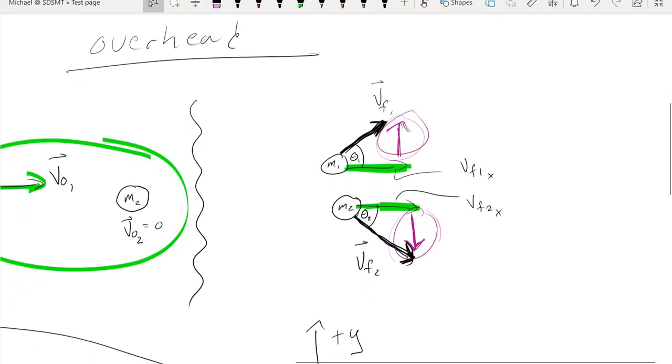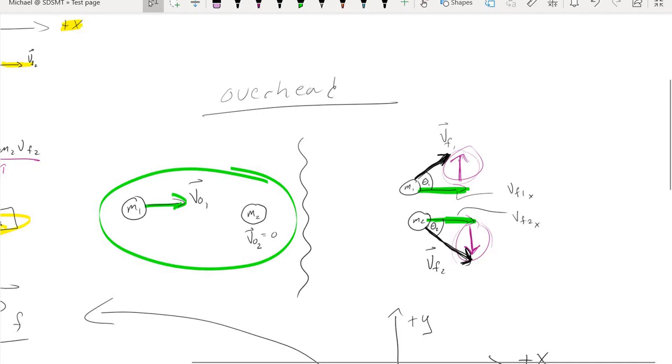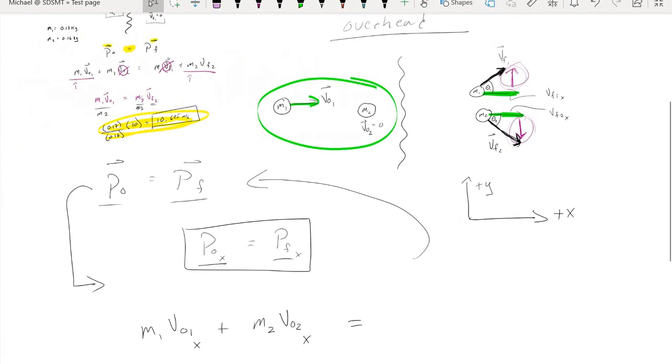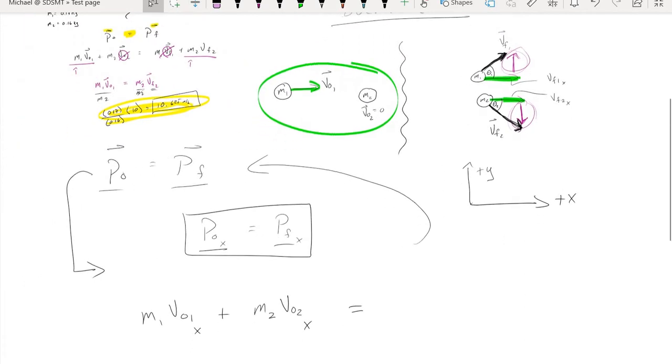Each of those is going to utilize the cosine of the angle. Now I have theta 1 and theta 2 respectively because right now I have no idea as to what those angles are going to be. Again, this is a general solution. We can always plug our numbers in later, but it's always best to have a general solution available.